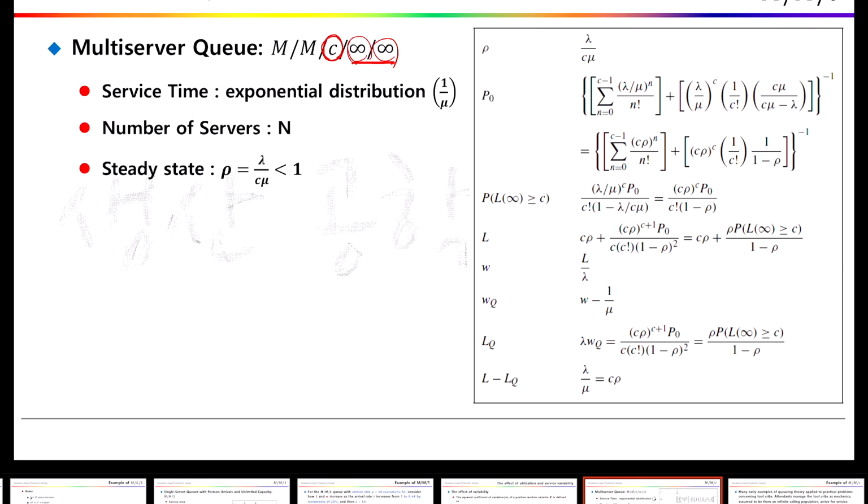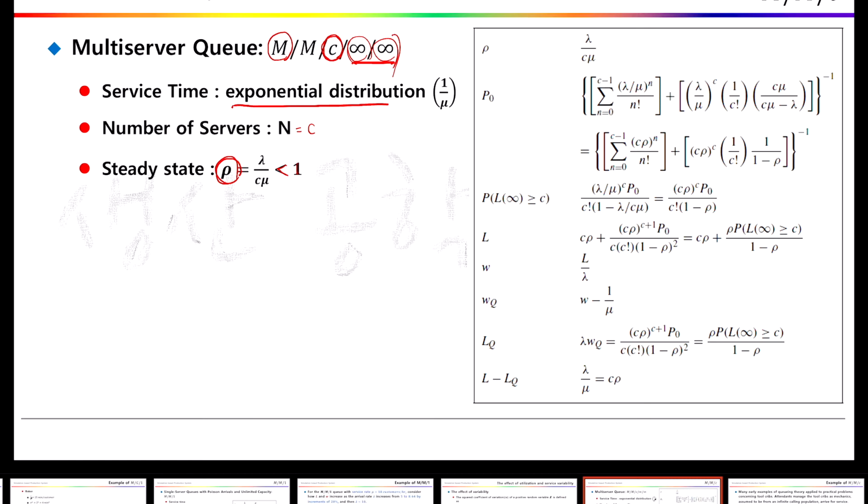If these two variables are omitted, it means that both parameters are infinite. Anyway, service time follows the exponential distribution because M is denoted here. And the number of servers is C. Let the number of servers be N. And to be steady state, the utilization has to be smaller than 1.